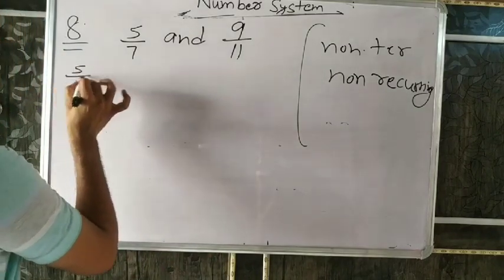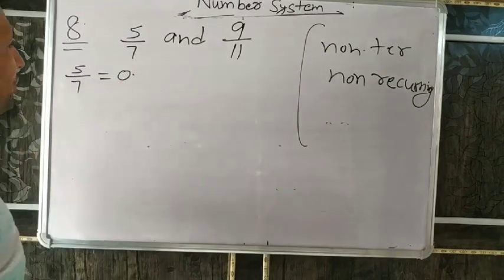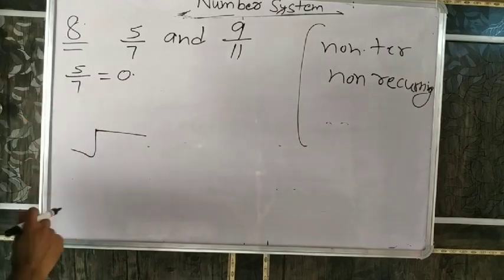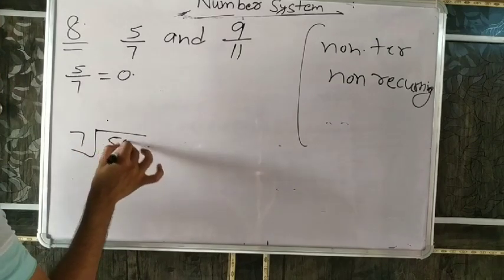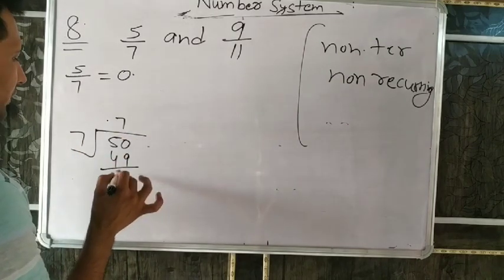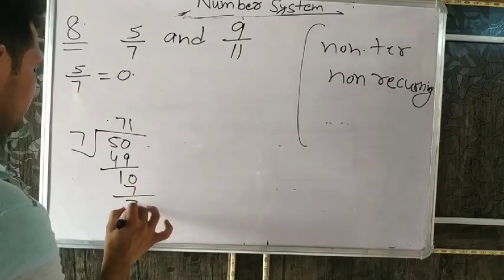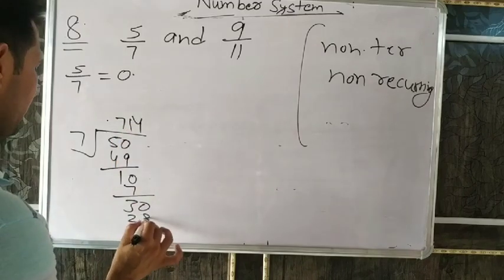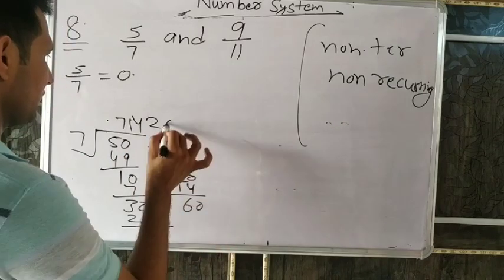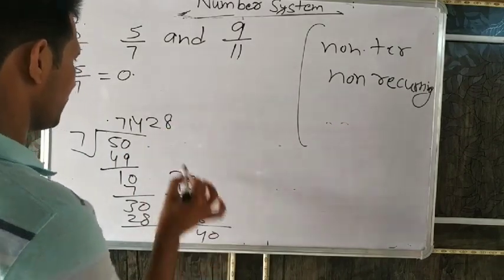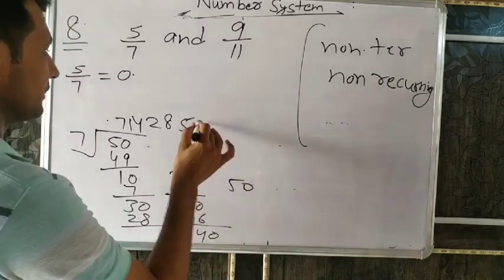So between these, first 5 divided by 7. What will we write? First we will divide. 5 divided by 7: 0, 7 7 49, 1 0, 7 1 7, 4 28, 2 0, 7 2 14, 6 0, 7 8 56, 4 0, 7 5 35, 5, 7 again, it is repeating.